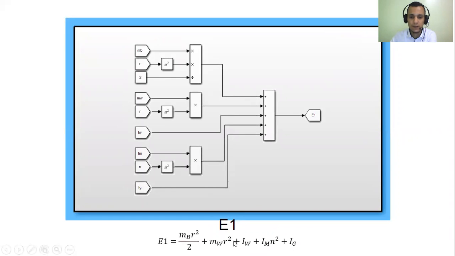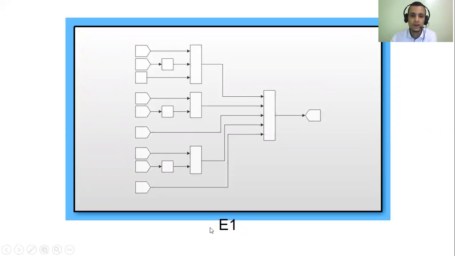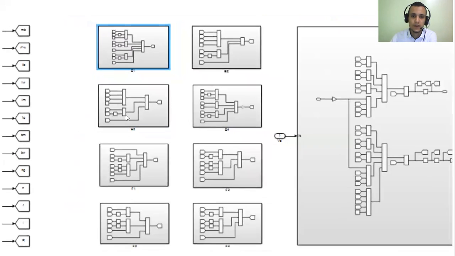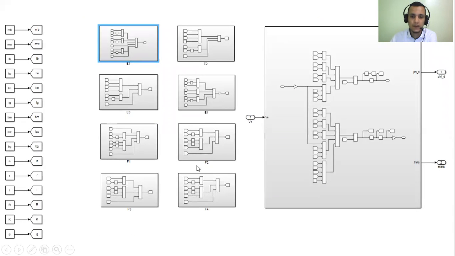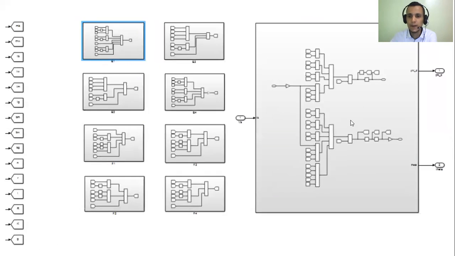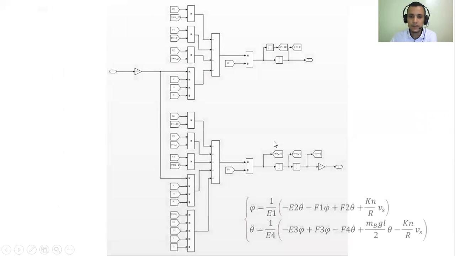This is the formula of E1 and it's being translated here in Simulink. So MB times R squared divided by 2. The same thing goes with E2, E3, E4, F4, etc.